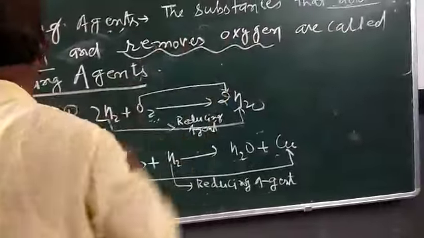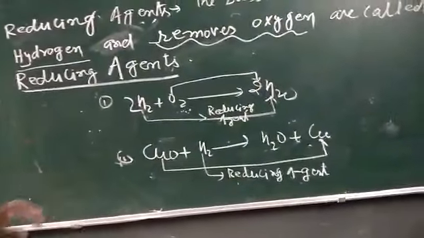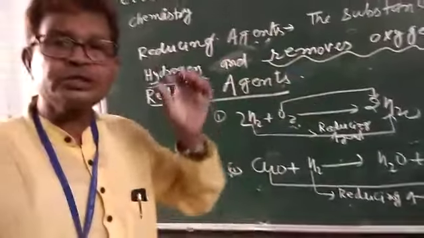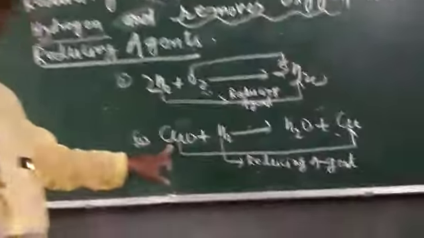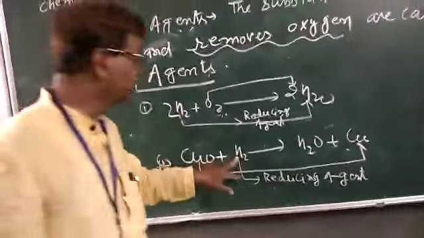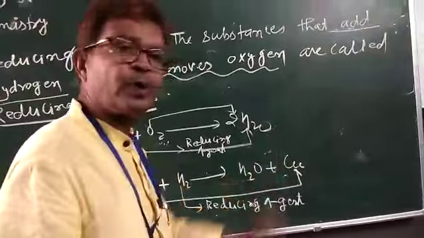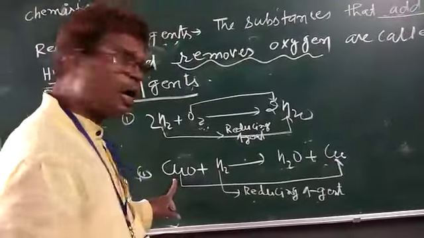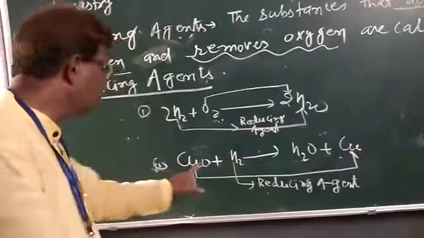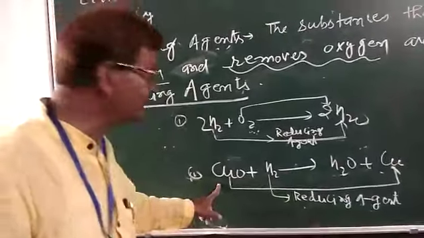See the second part of the definition, the substance which removes the oxygen. In the second reaction, cupric oxide reacts with hydrogen to get water and copper. How can you get copper? When oxygen is removed from cupric oxide, we are able to get copper.